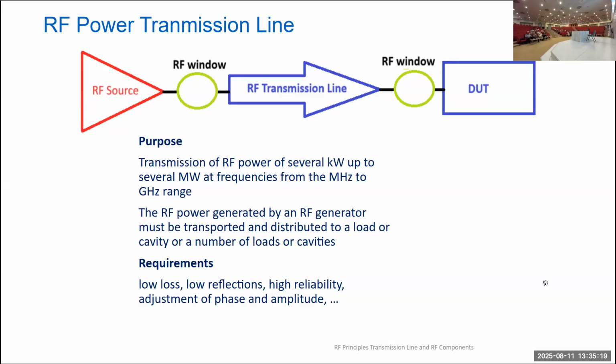Whenever we talk about an RF source, it is a vacuum device, and from vacuum to any transmission line, you need isolation, which can isolate vacuum and transmission assembly. Similarly, when this RF is transmitted to any device, for example, an accelerator, we again need a waveguide assembly, RF window.